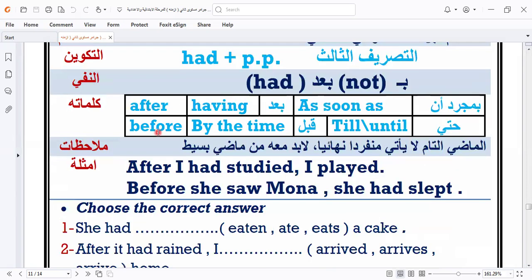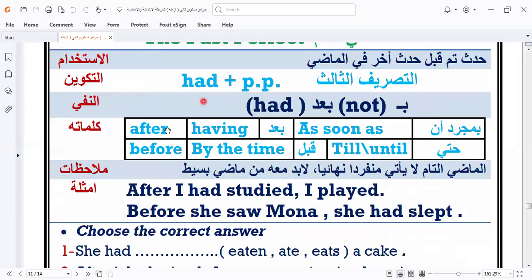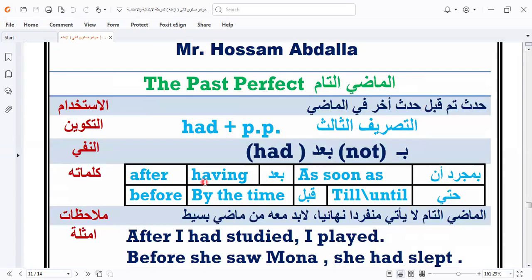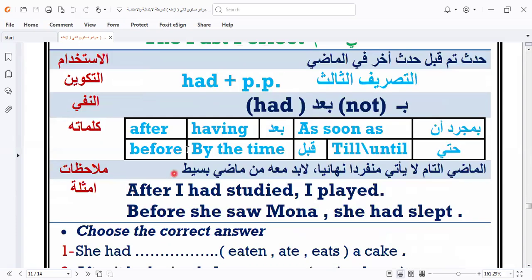In the past perfect tense, the famous words related to it are after and before, like in the present perfect, the famous two words are since and for. Here we also have by the time, as soon as, till and until.